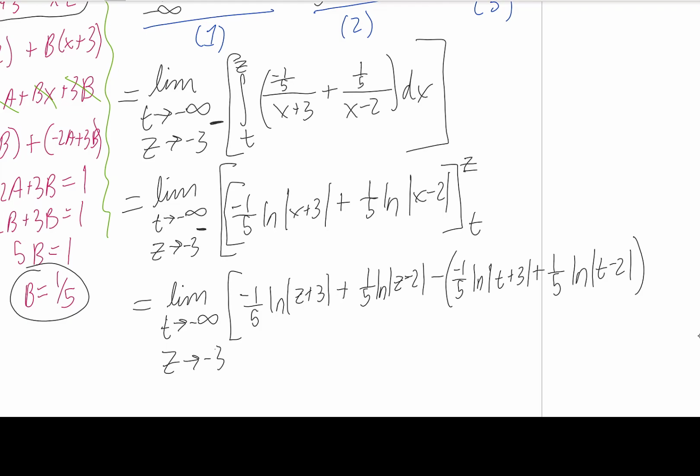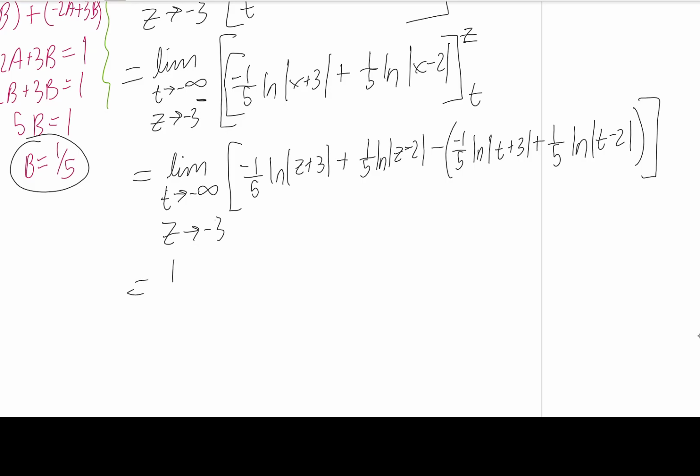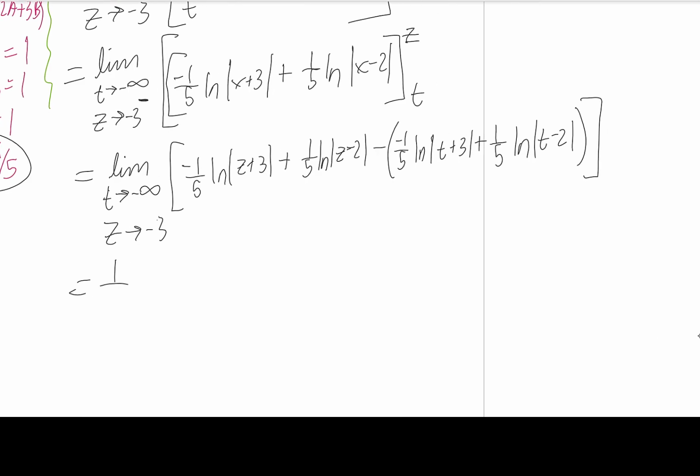Now what I'm going to do to make this a little bit easier is pull out a factor of 1/5. So this is 1/5 times the limit as t goes to negative infinity, z goes to negative 3, of, so let's see, I should have natural log absolute value, we need a negative sign in front.